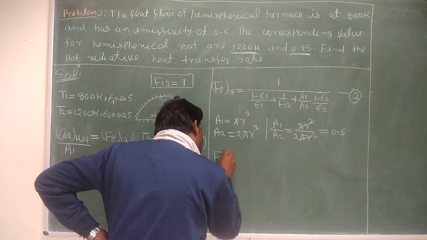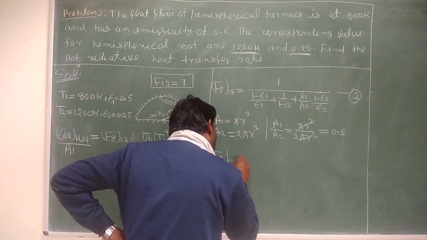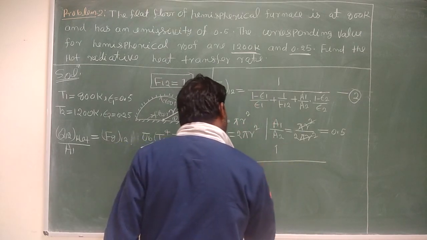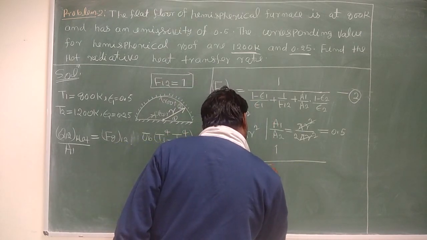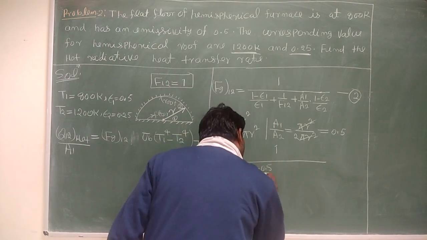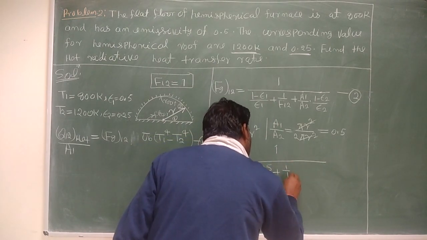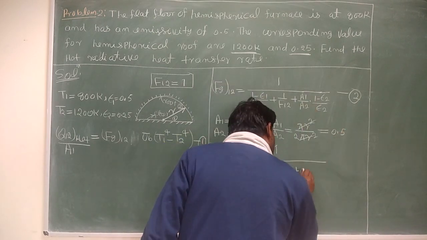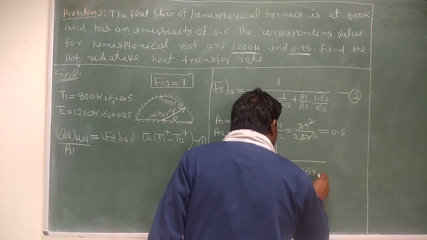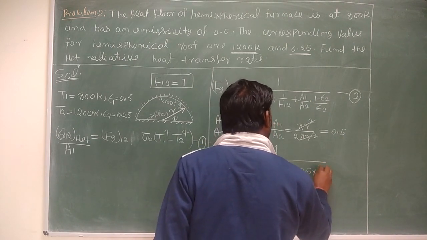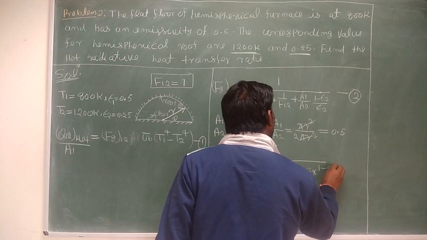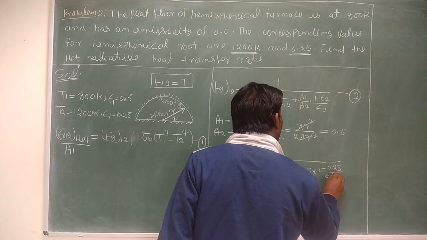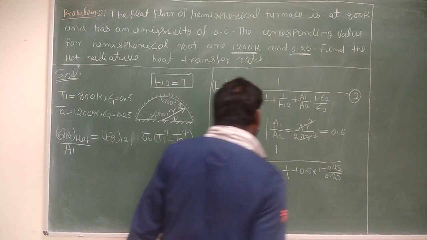So gray body factor Fg1 to 2 is equal to 1 divided by (1 minus epsilon 1 upon epsilon 1, this is 0.5, plus the shape factor F12, this 1 divided by 1 plus A1 upon A2 times (1 minus epsilon 2 by epsilon 2), where A1 upon A2 you have calculated, this is 0.5, into 1 minus epsilon 2, which is 0.25, divided by epsilon 2, which is 0.25.